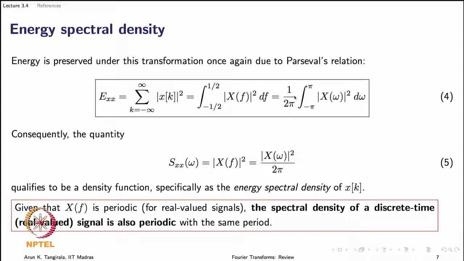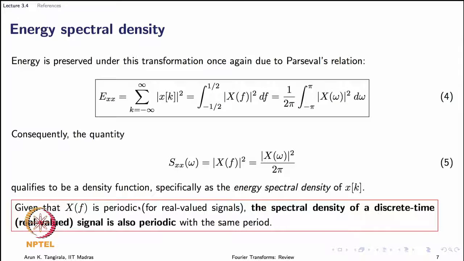Ignoring this 1 over 2 pi would give you a wrong value of the energy spectral density. So, as we have argued before with the continuous time case, the mod X of f square or mod X of omega square by 2 pi gives me the energy spectral density of the signal, or the energy density in the frequency domain.